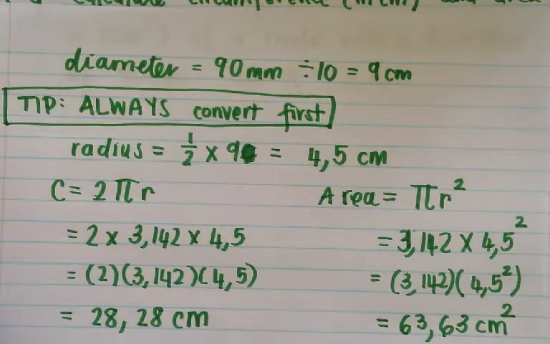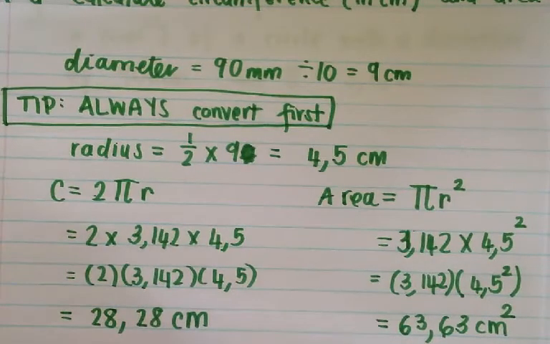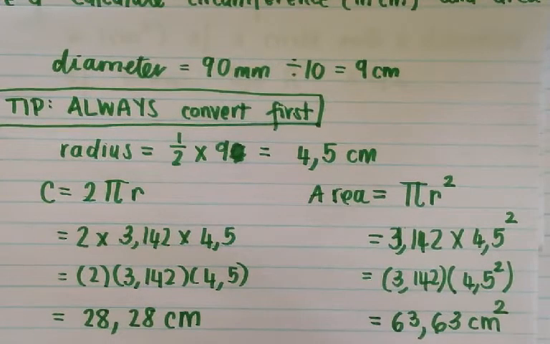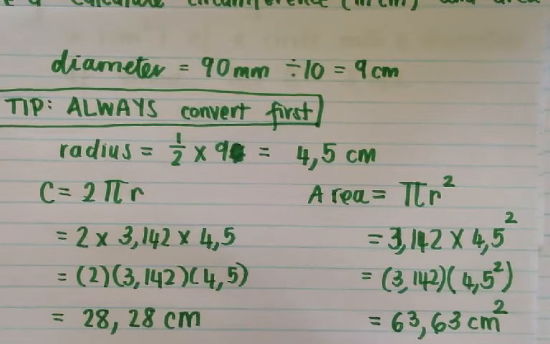Okay, so we're going to look at parts of a circle. I'm going to make it in a table. I'm going to look at the part, the perimeter, and the area.